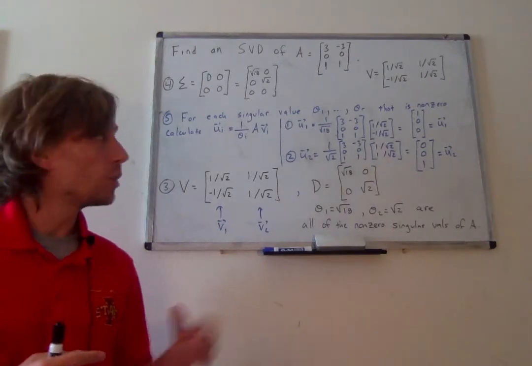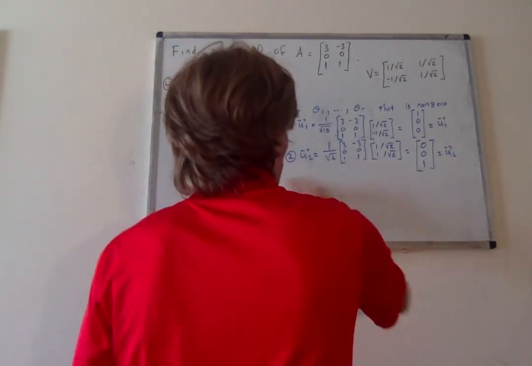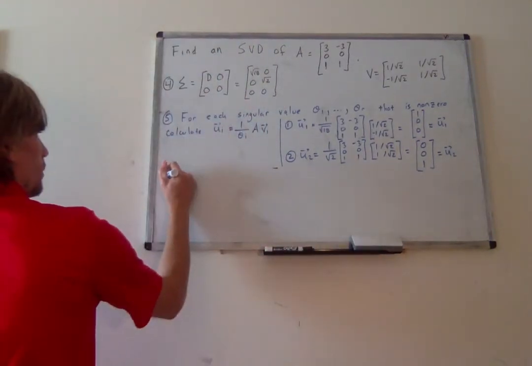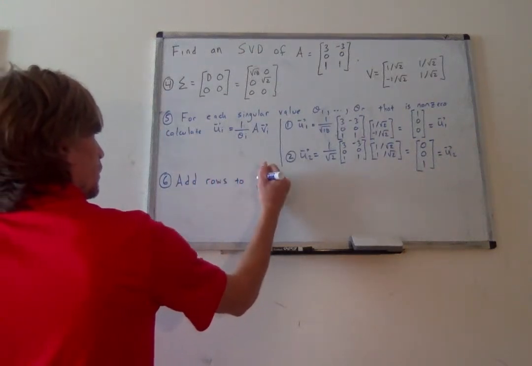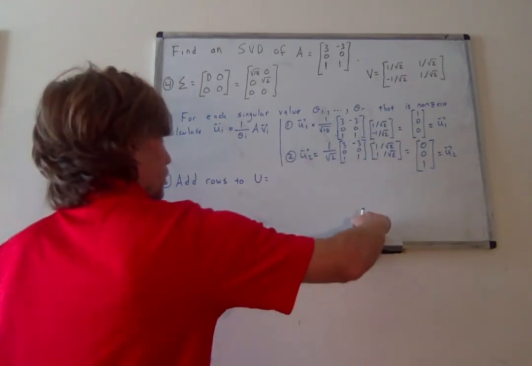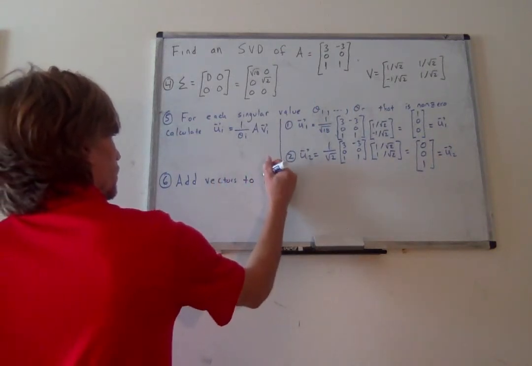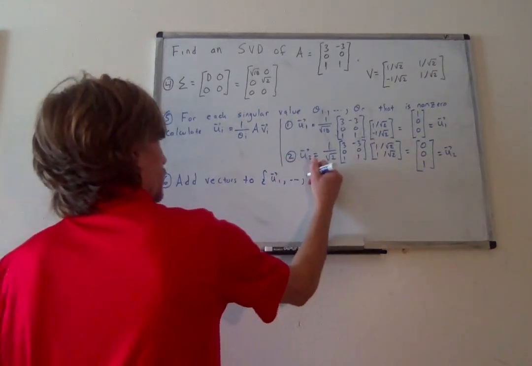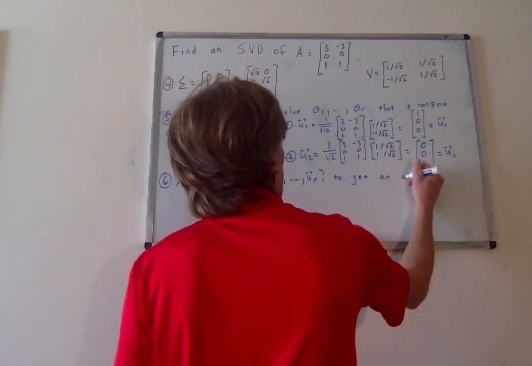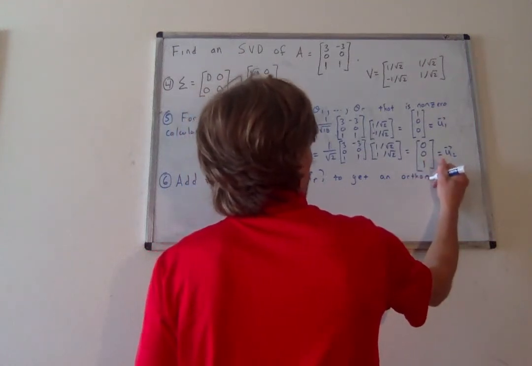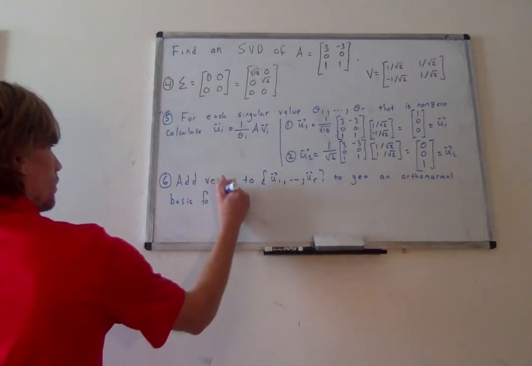So the dimensions of U should equal the number of rows of A. So lastly, we need to add vectors to the orthonormal set U1 through UN to get an orthonormal basis for R^M.